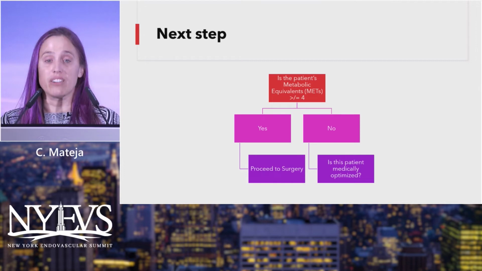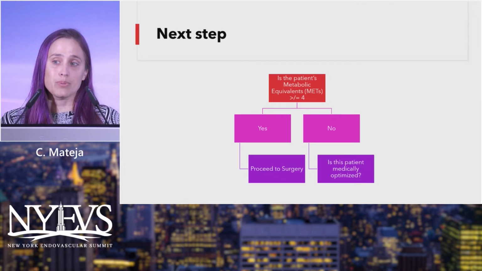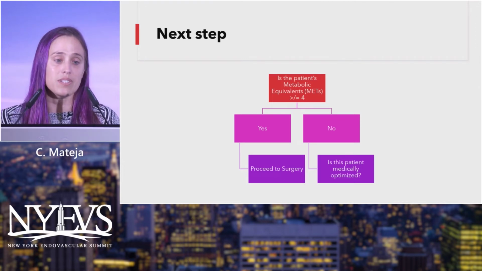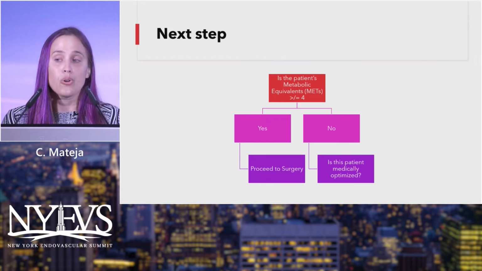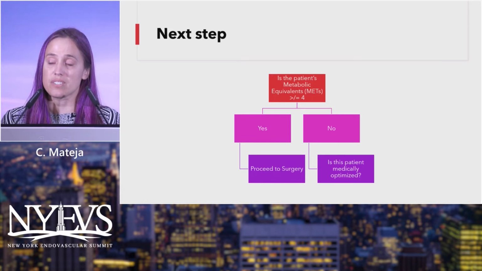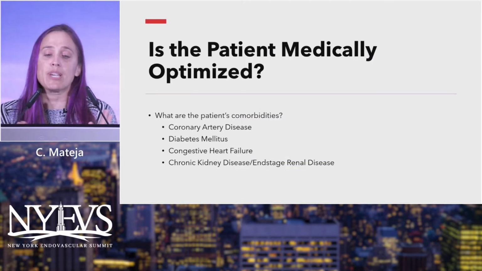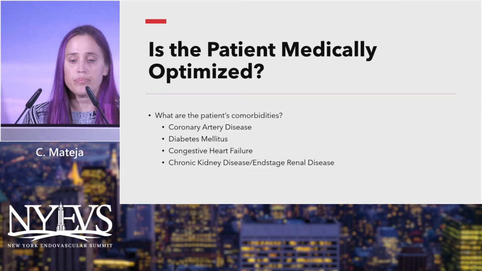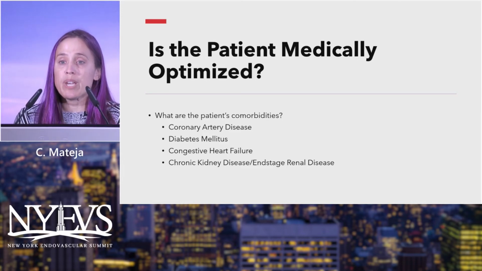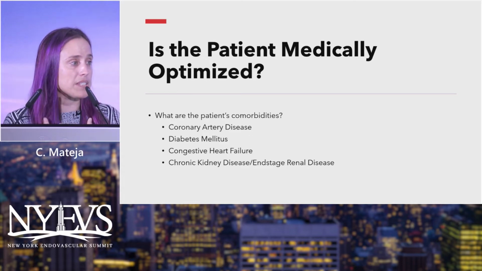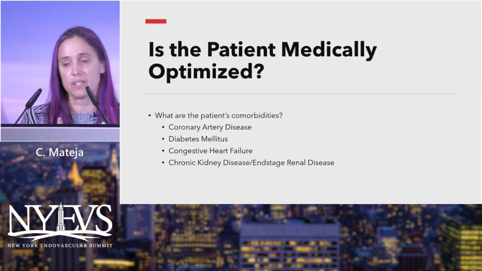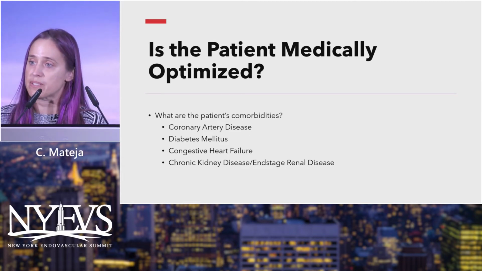Now, if they're not greater than 4, this is where the deep discussions start, okay? So this is, are they medically optimized? Or we have to start discussing, will the benefits of the surgery outweigh the risks? So is this patient medically optimized? So what are the patient's comorbidities? That's really, as me as an internist, part of my whole risk assessment, is not just doing these basic algorithms.